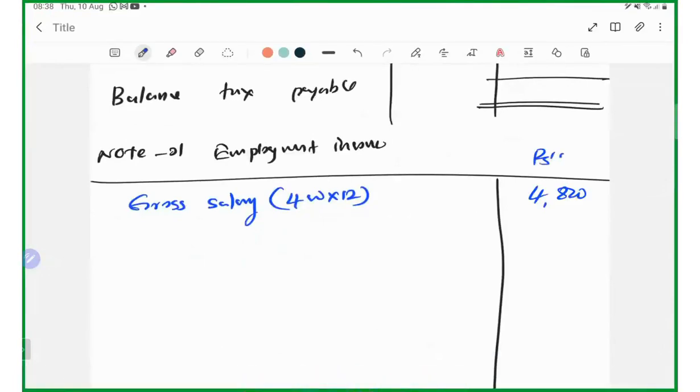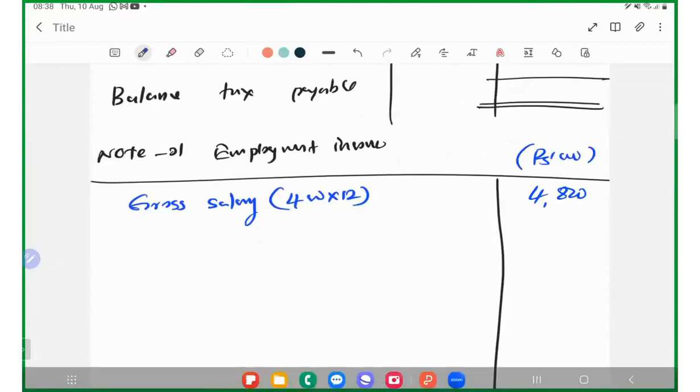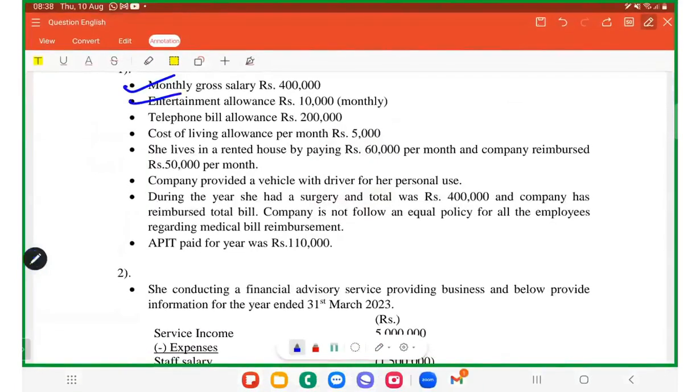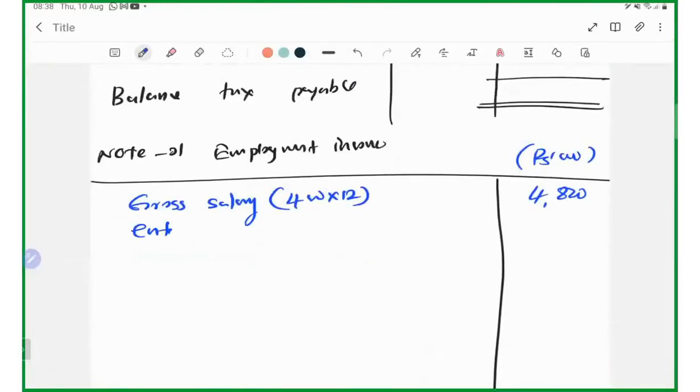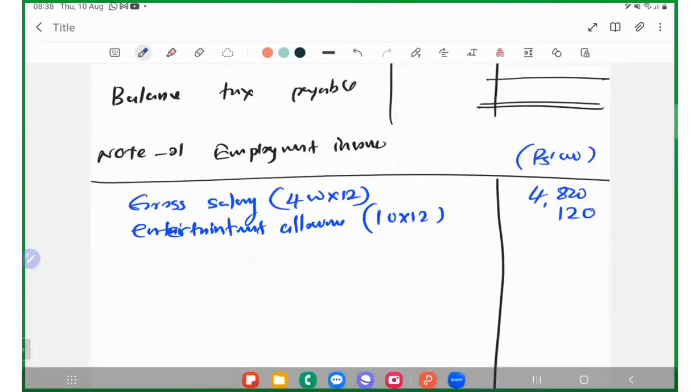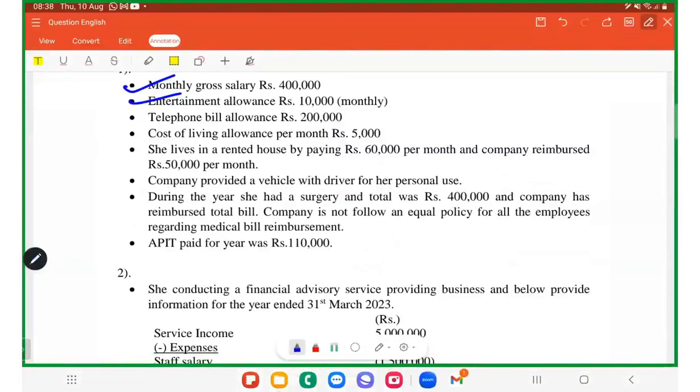All the rupees are in thousand, you can understand. Then entertainment allowance 10,000 per month into 12, that is 120. Because nothing is given about a specific period for the benefit received, we have to assume they received this benefit for the whole year.